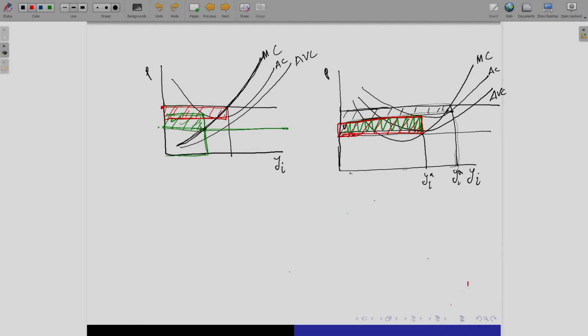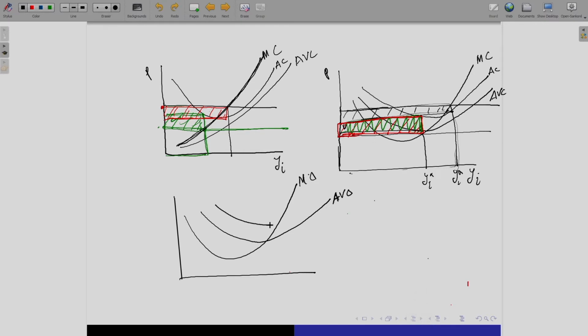So if we follow this argument, suppose the marginal cost is of this nature, this is the average variable cost, this is the average cost, and the price should always be above this level, because this is the minimum of the average variable cost.